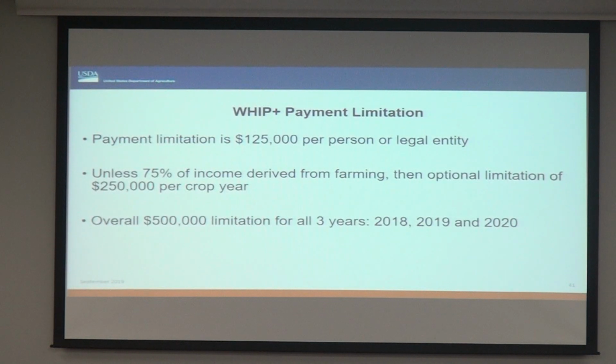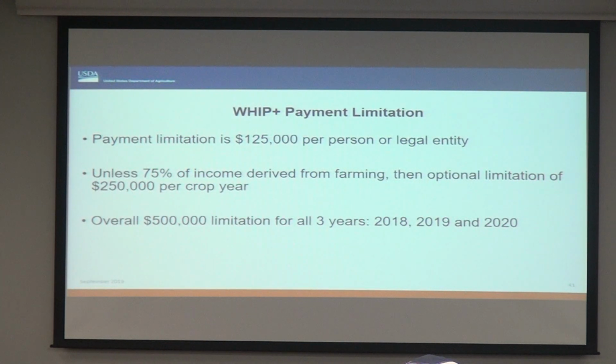All right, payment limitations. This payment limitation is $125,000 per person. It does also look at your adjusted gross income, just like last year. If 75% or more of your average AGI is from farming, then you can receive the top payment rate if you qualify, and that's $250,000 per crop year.